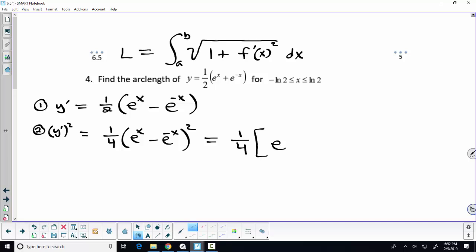So we have e to the 2x, we have positive e to the negative 2x. And then we have twice their product. So what's the product of e to the x times negative e to the negative x? Negative 1. Yeah, negative 1 times 2.